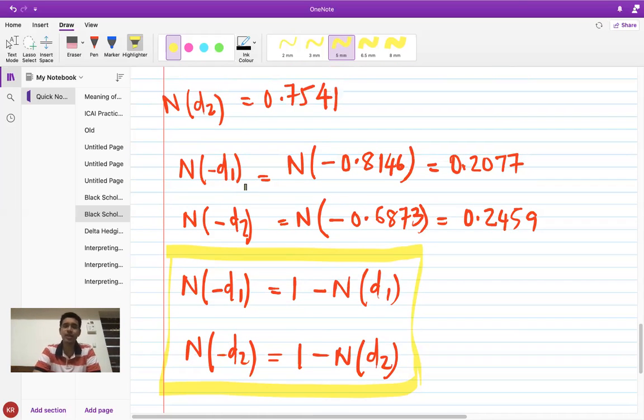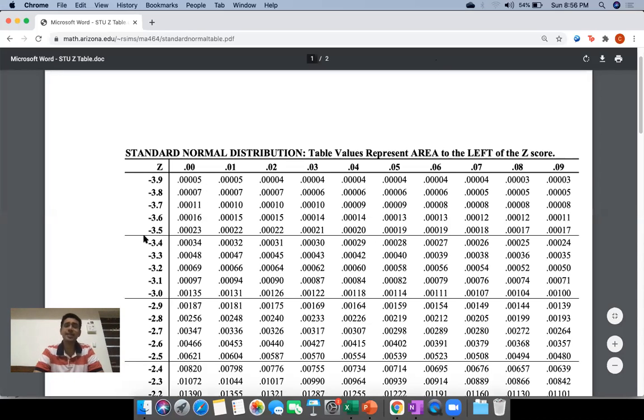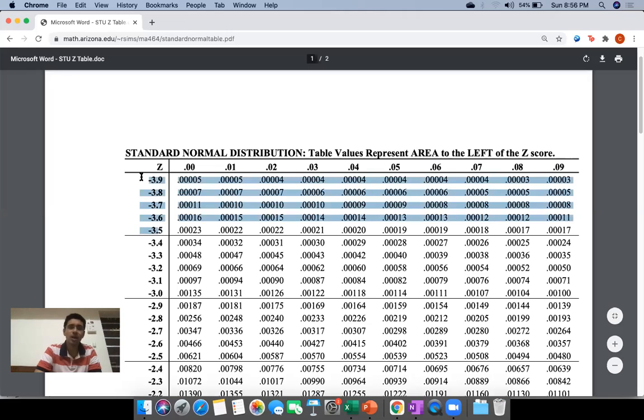Now let me show it to you using the normal table format that appears in an examination as well. This is the table that you receive as part of your examination. The way it needs to be read is you have Z values, for instance a Z value of minus 3.9.